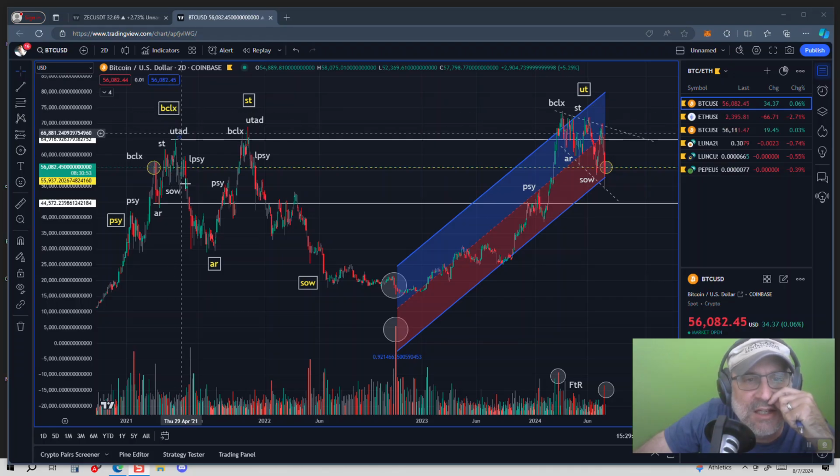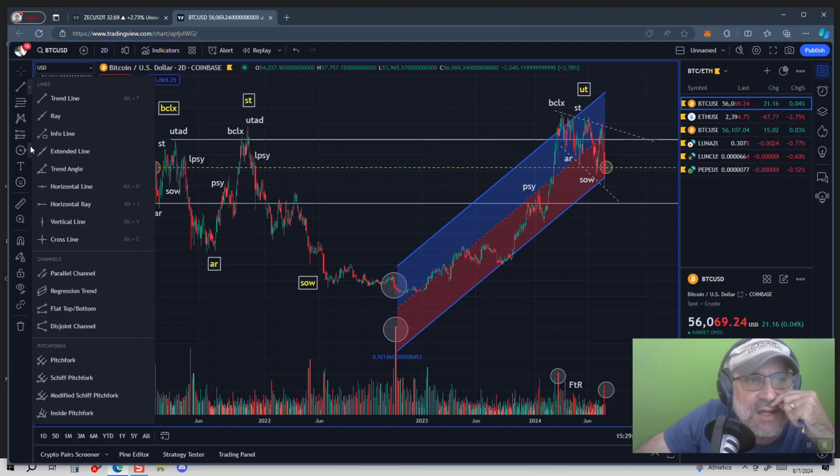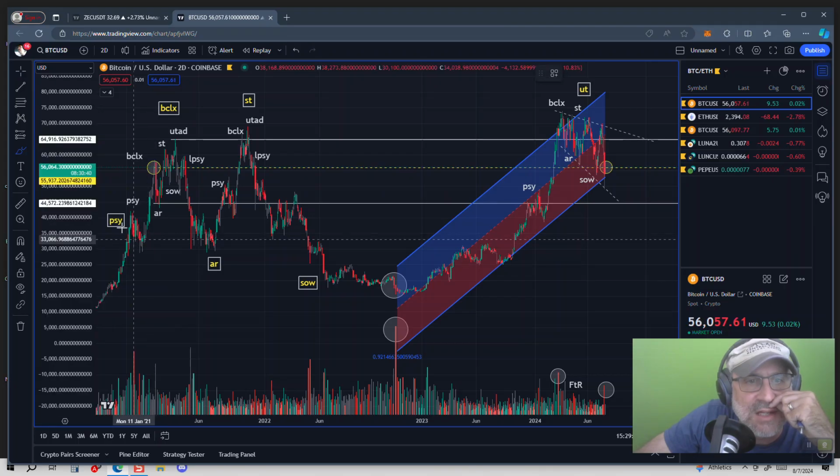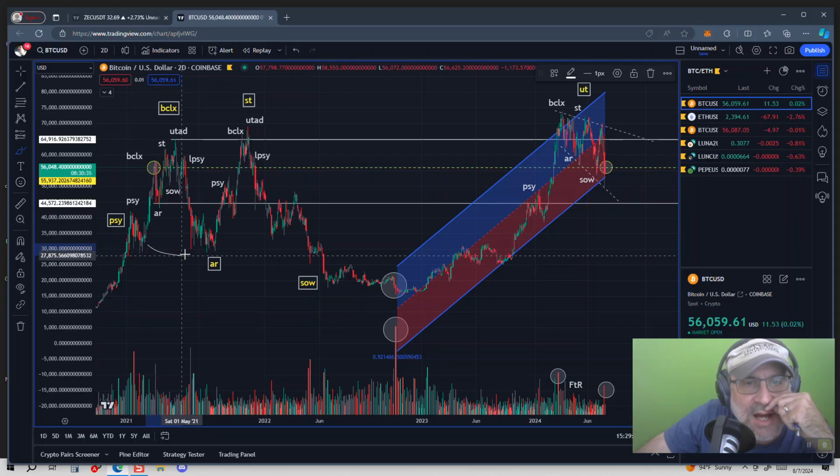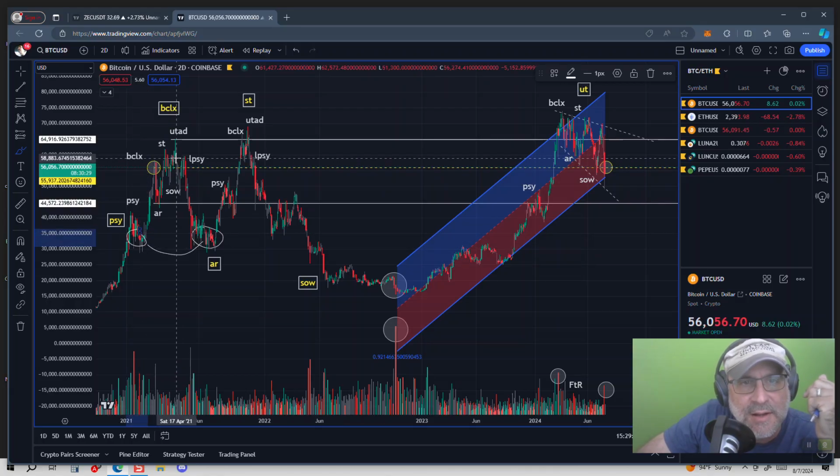And similarly, the automatic rally on the macro is where the price action came down and mitigated, let's see if I can get a pen here so I can show you, mitigated the primary supply, or the preliminary supply here, which we know is often what happens in bear cycles.